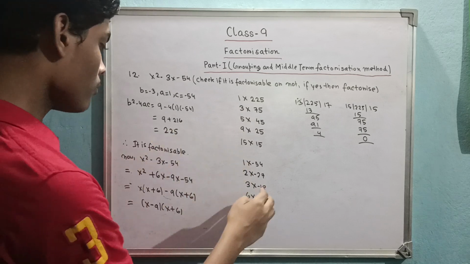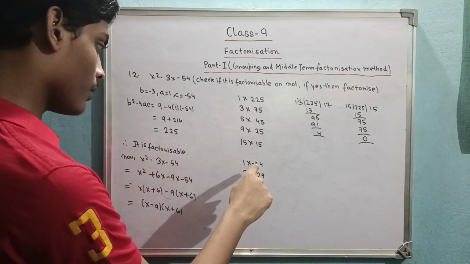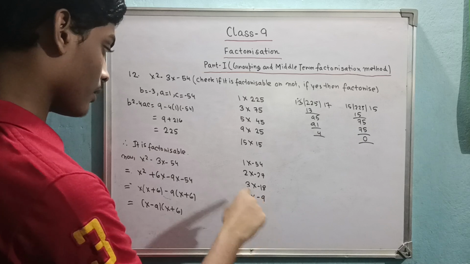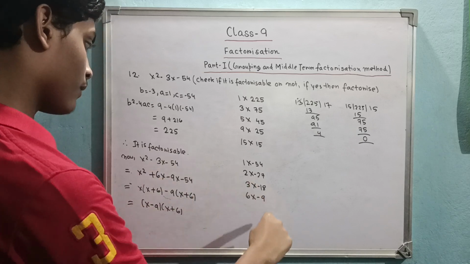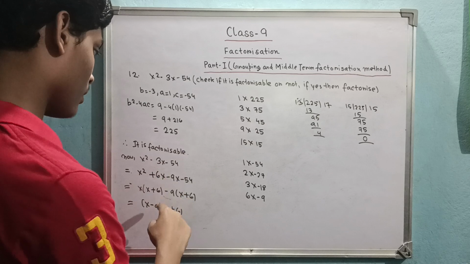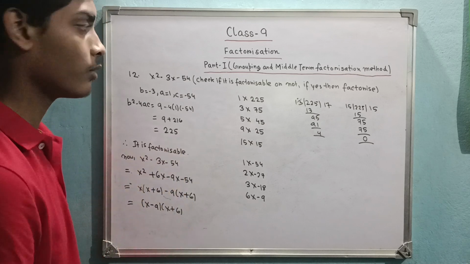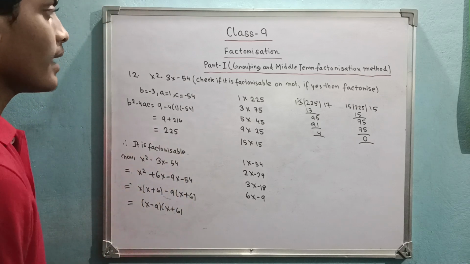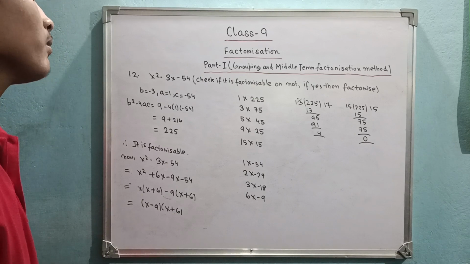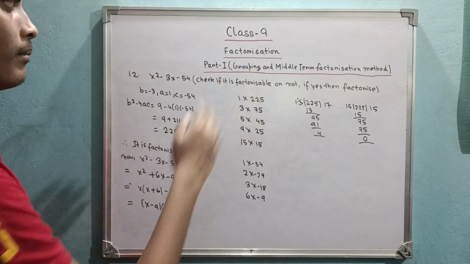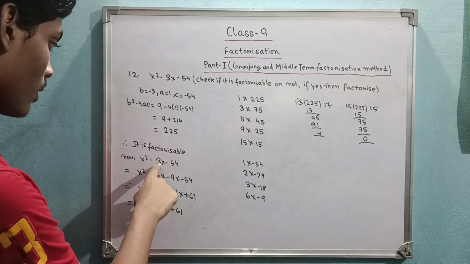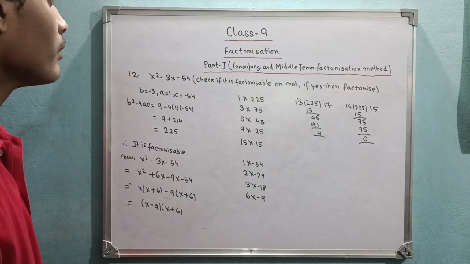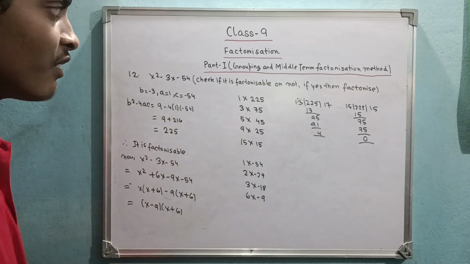Then we saw how we can make minus 54, and we got 6 into minus 9 equal to minus 54, and 6 plus minus 9 equal to minus 3. So accordingly we solve the equation. That is how you solve the sums by using grouping and middle term factorization, the middle term being this one. So this is the end of part 1 of factorization.